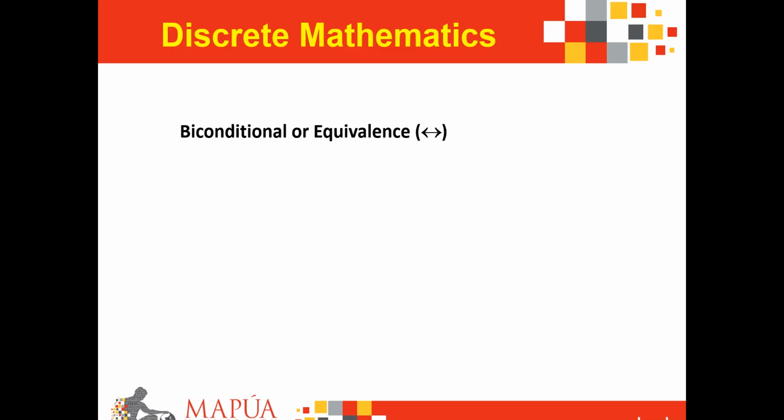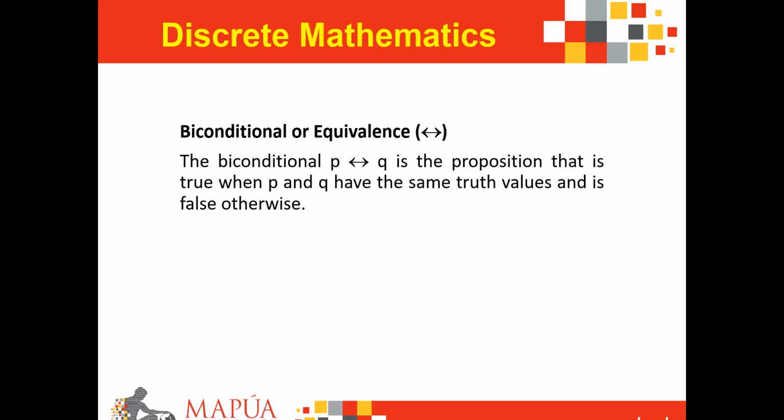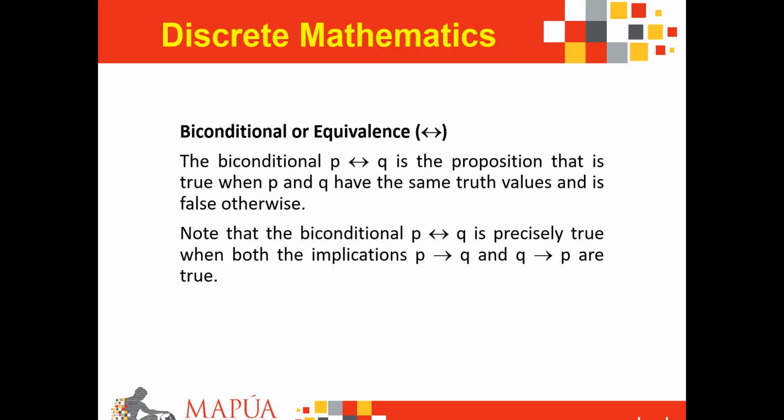The last connective is known as the biconditional or equivalence. The biconditional, given by this symbol, has an output of true when P and Q have the same truth value and is false otherwise. Note that the biconditional is true precisely when the implication and its converse are both true.